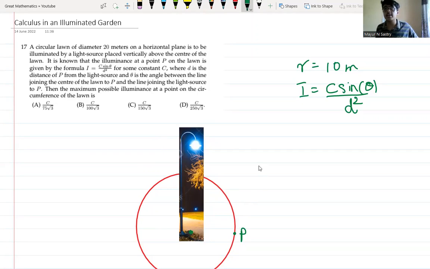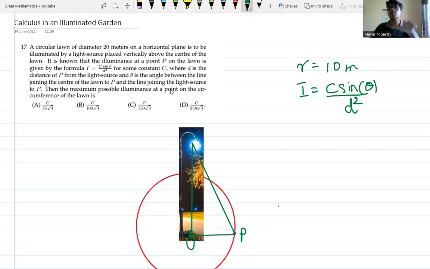So now we are going to connect these points, one like this, and then another joining the light source to the point P, and another line joining the light source to the center of the garden. Let's say the center of the circle is O, and this is N.